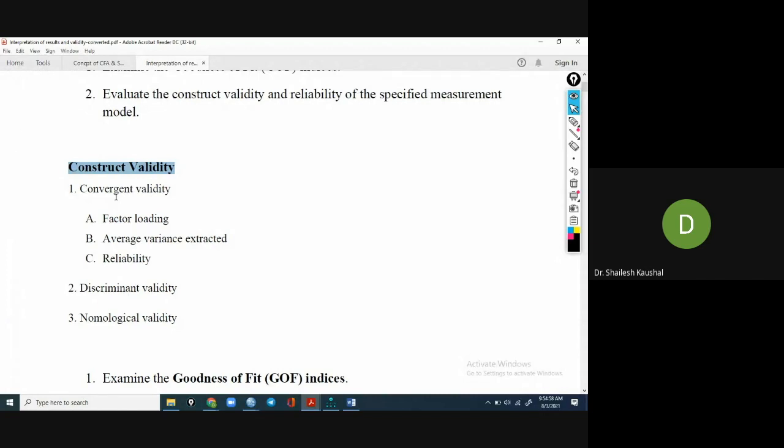So we should write all the constructs in chronological order, showing that we have taken these variables or questions from these researchers. In structural equation modeling, we should keep in mind that we will not make questions from our side.